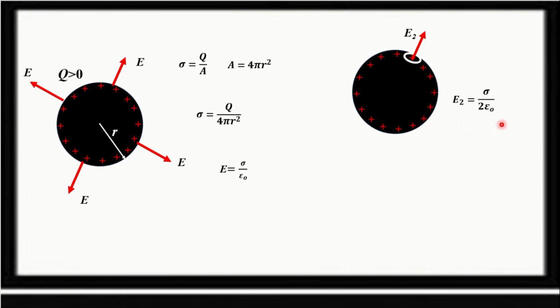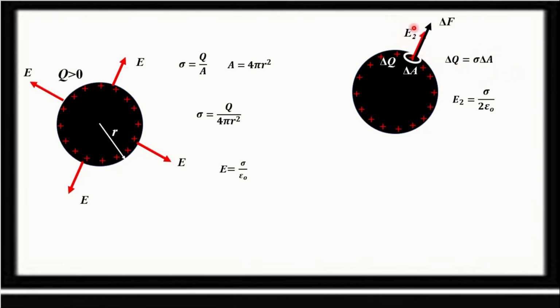The proof of this equation will be given later. We assume that this area has surface delta A and charge delta Q. Delta Q can be represented as surface charge density times the area of this part of the ball.